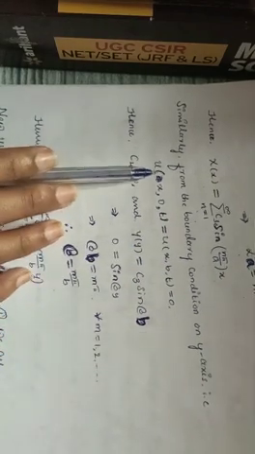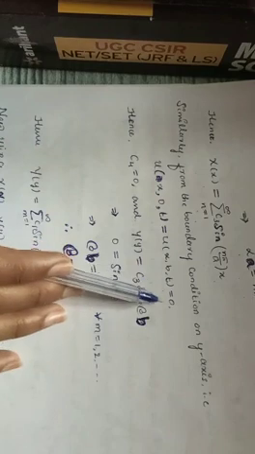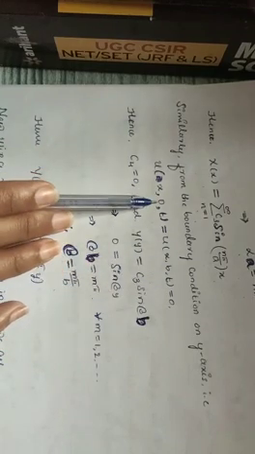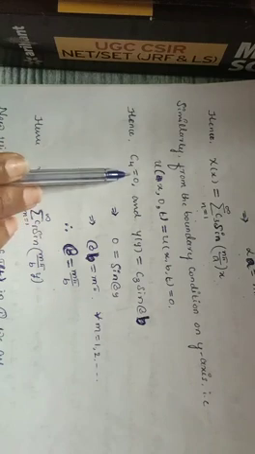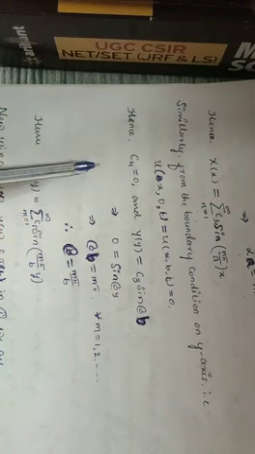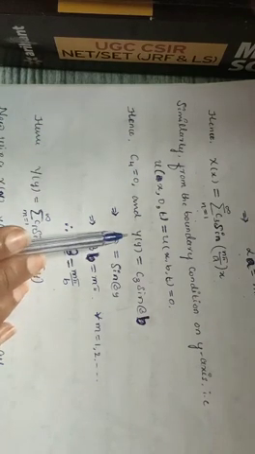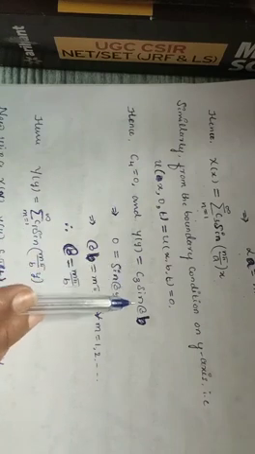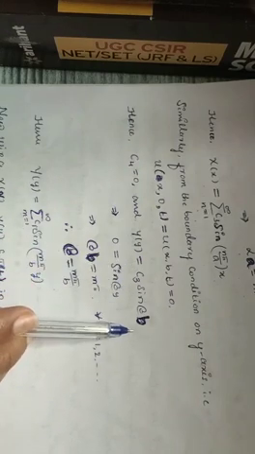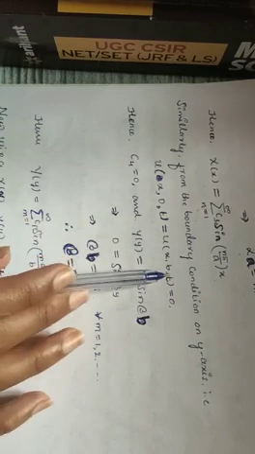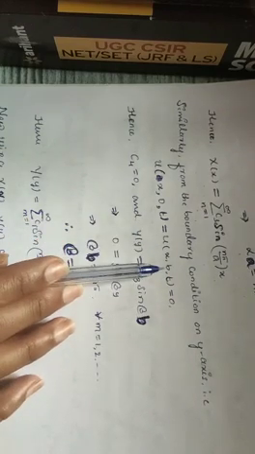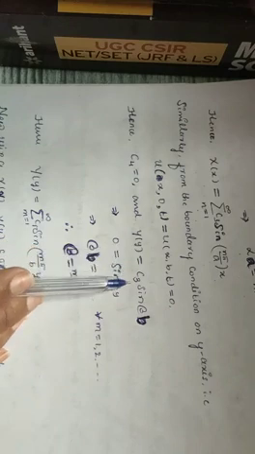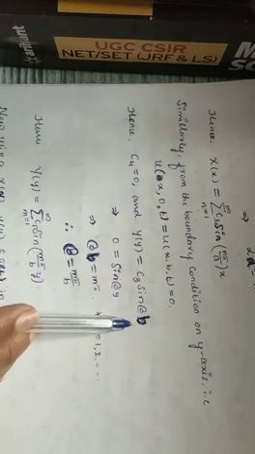When we substitute the first condition, u equals 0 at y equals 0, we get c4 equals 0. So now substitute this c4 into the solution Y of y. We get the solution Y of y is c3 into sin beta y. Again we substitute the other condition, u equals 0 at y equals b. So we get Y of y equals c3 into sin beta b.